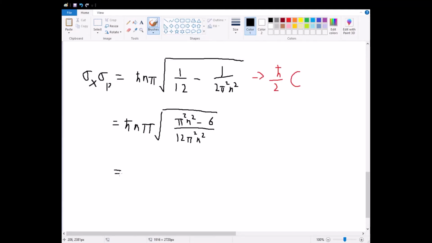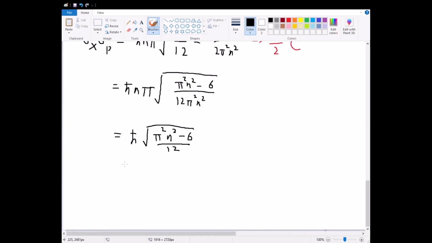So this is going to be equal to just h bar times the square root of pi squared n squared minus 6 over 12. And from here, obviously, we can get the h bar over 2 by splitting up our 12 into 4 times 3, therefore giving us h bar over 2 times the square root of pi squared times n squared, subtracted by 6 over 3.